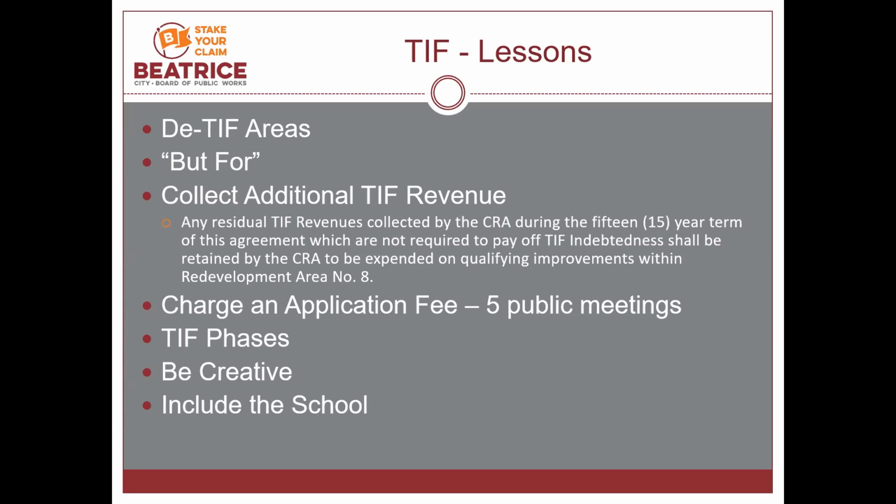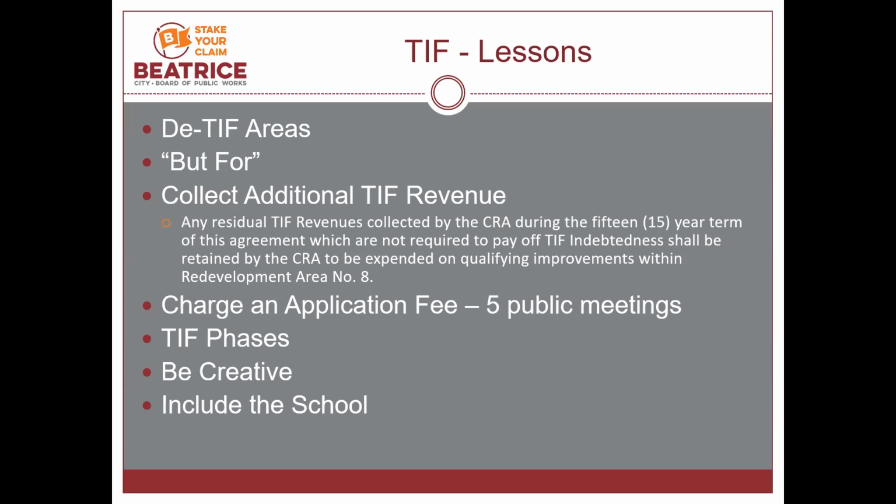The next bullet point there, collect additional TIF revenue. It's something we learned about a decade ago. We saw that Lincoln had done this, so we did some looking into it, and we now include this paragraph in all of our TIF agreements.